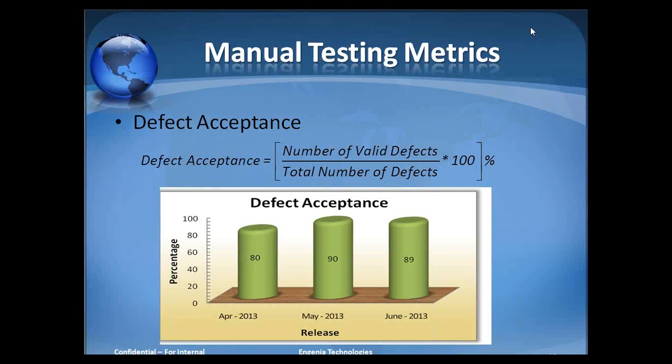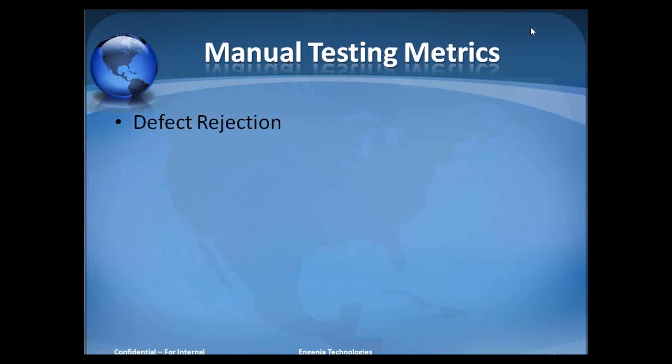For example, in the month of April, the defect acceptance rate was 80%. It increased to 90% in the month of May, and then in June it declined a bit to around 89%. So we can have this kind of trend analysis done for the defect acceptance rate. The higher the defect acceptance rate, the better it is for the organization.